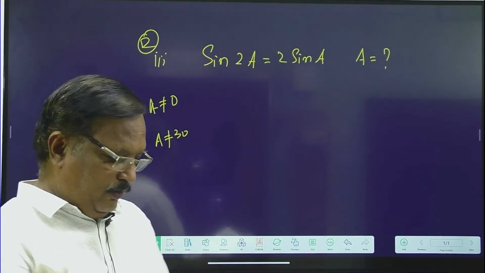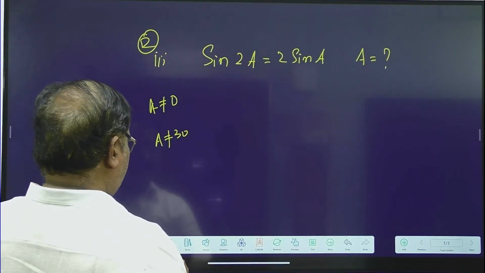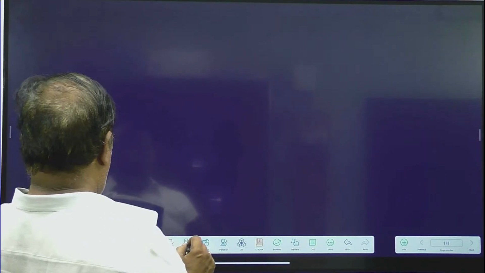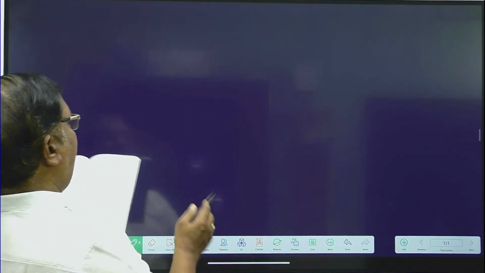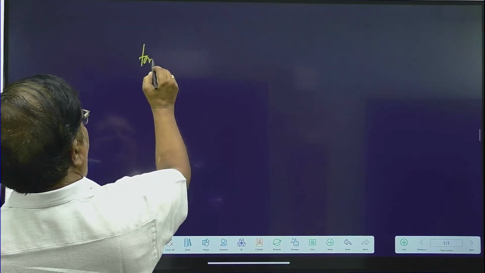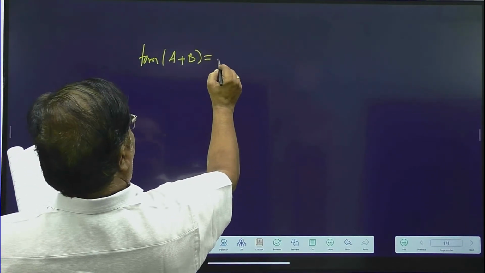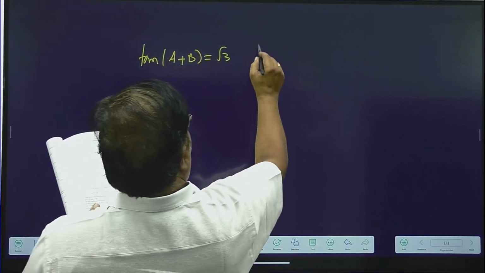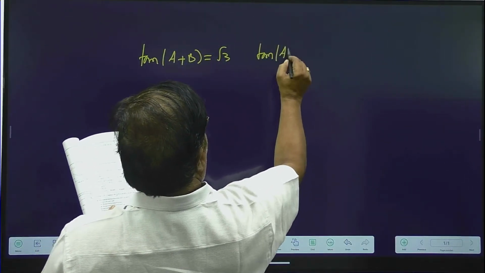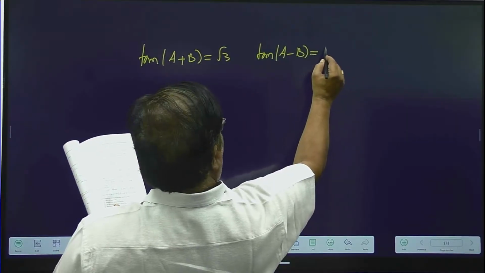Now I will go to the third question, a very important question. Many times it came in the board examinations. Tan(a plus b) is equal to root 3, and tan(a minus b) is equal to 1 upon root 3.